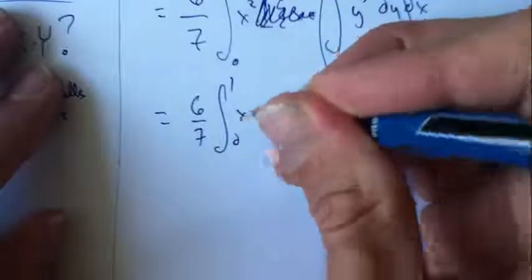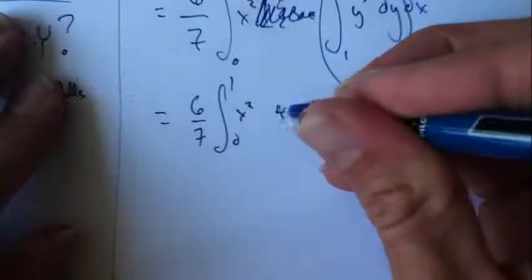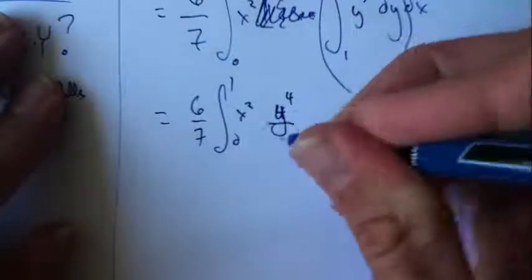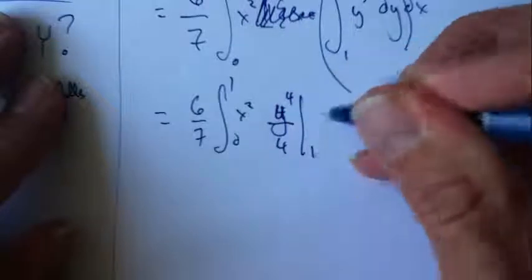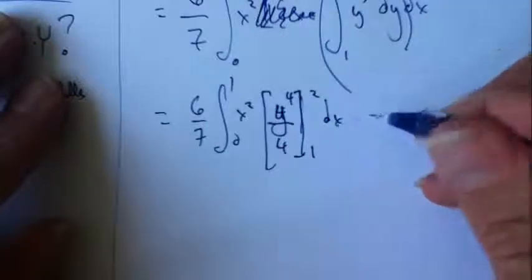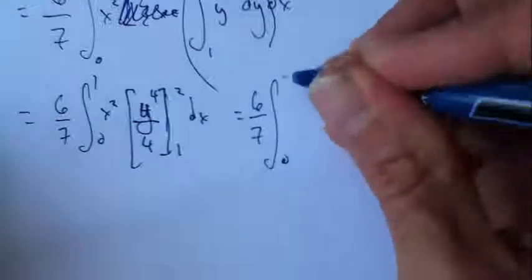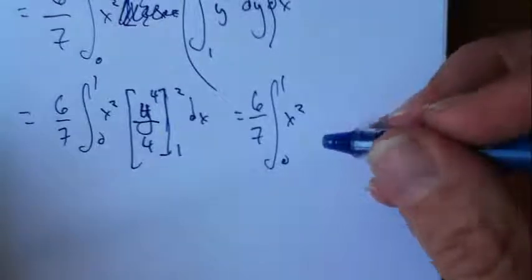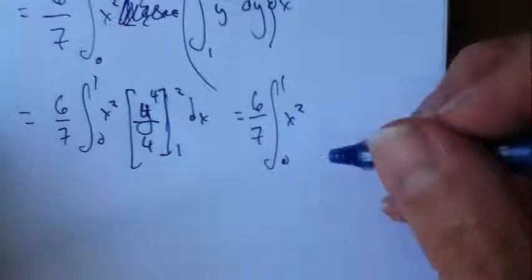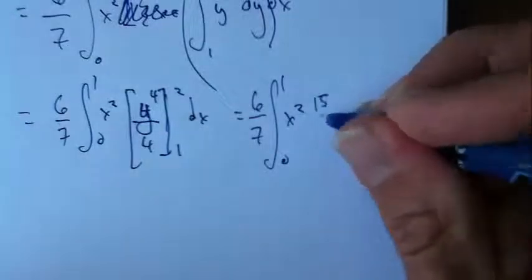6/7, integral from 0 to 1 of x squared, times y to the 4th over 4 from 1 to 2, dx. This is 15 quarters, I think.